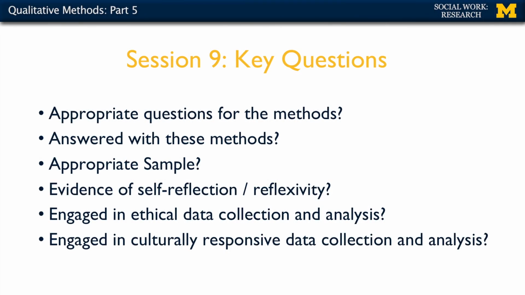Another question you want to consider is, does the researcher provide evidence of self-reflection and reflexivity? So in qualitative research overall, there are moments where the researcher is really engaging in interpretation of another person's information, specifically in-depth responses through interviews or watching a phenomenon unfold.